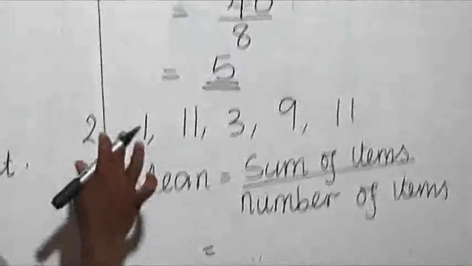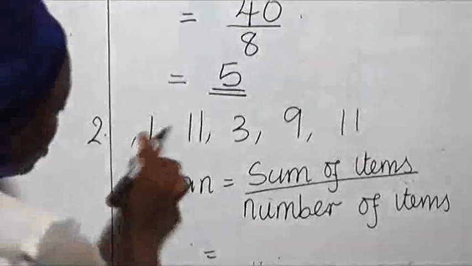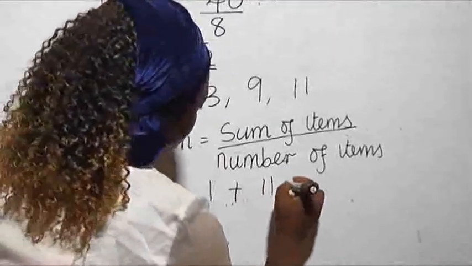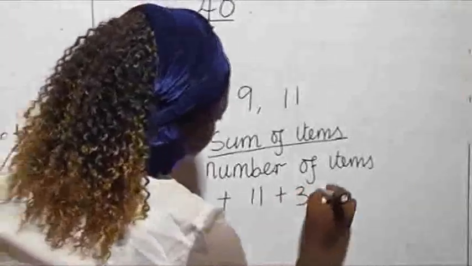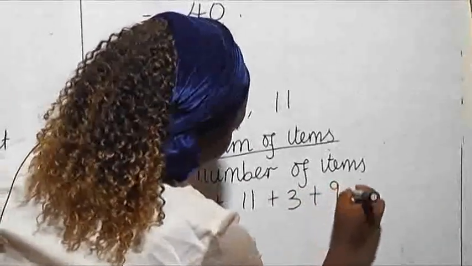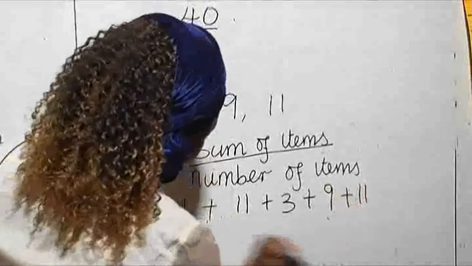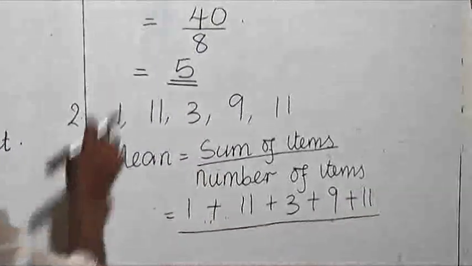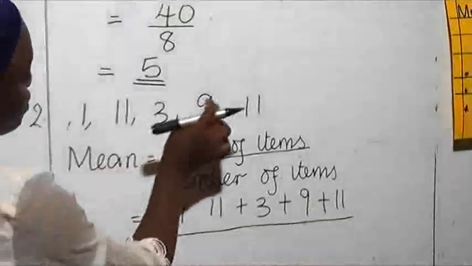Now for the sum, I'm going to be adding 1 plus 11 plus 3 plus 9 plus 11. Then how many items do I have in all? 1, 2, 3, 4, 5.